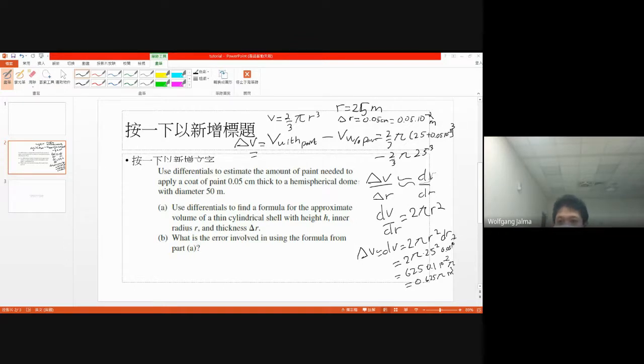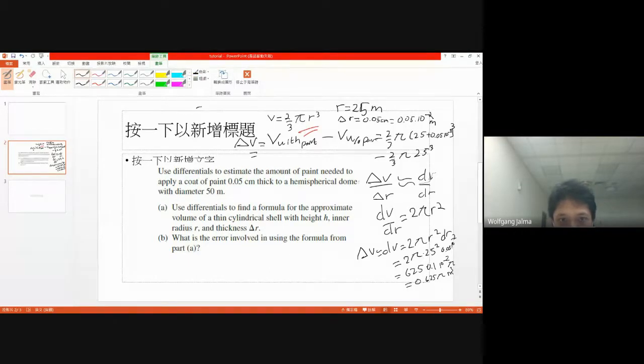Okay, the concept of error is something like this. Okay, why dV/dR is, no, no. dV/dR is 2 pi r squared, not 2 over 3 pi r squared. So, I mean, it's calculus. So basically, yes. This is pi.